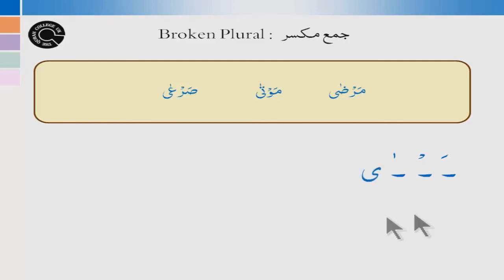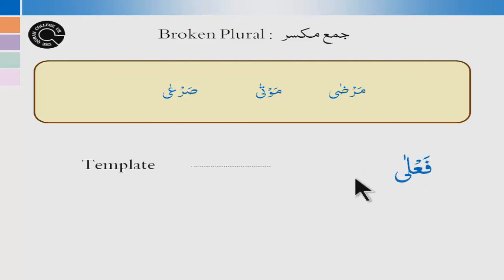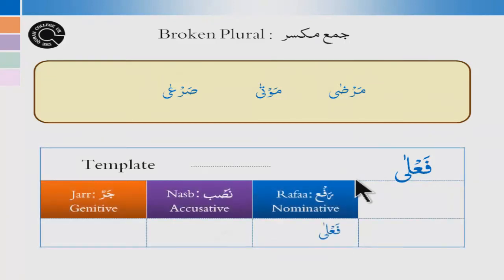So if you replace those things with fa, ain and lam, you would have it. So that is fa'la, and that is in rafa. So you need to see it also in nasab and jar, and that gives me fa'la, fa'la, and fa'la.